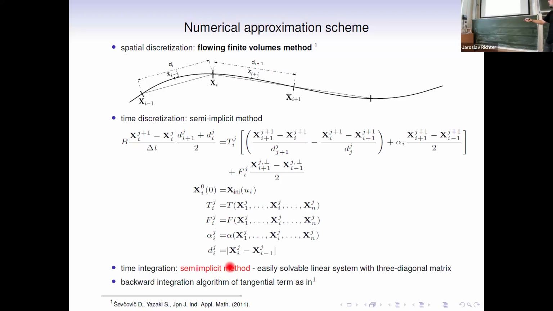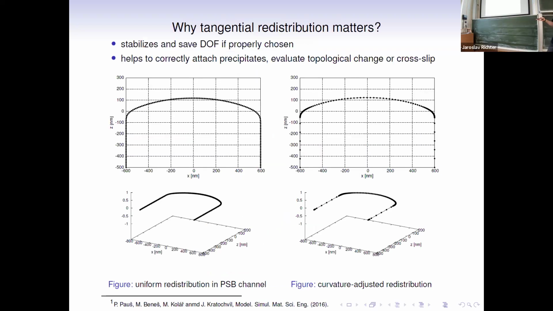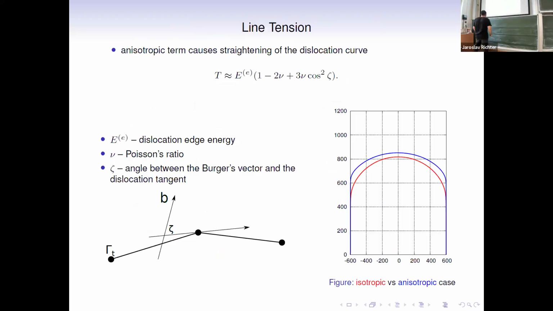For the time integration, probably the most convenient is a semi-implicit method and backward direct integration for the tangential term. So from the numerical point of view, it is not a big deal. The only significant problem is the stability of the numerical scheme, which helps the tangential distribution.